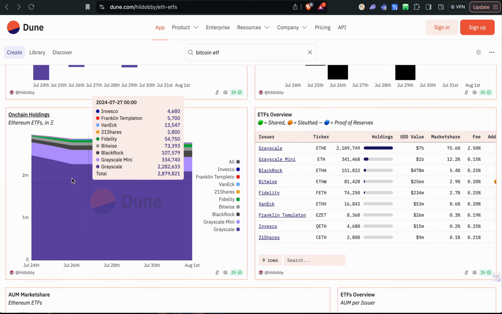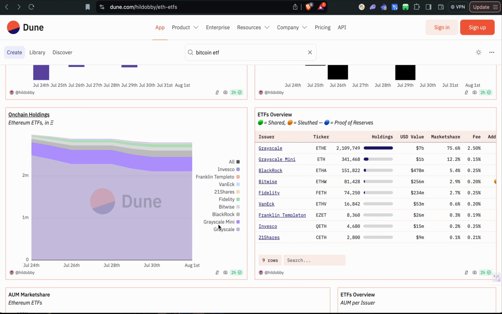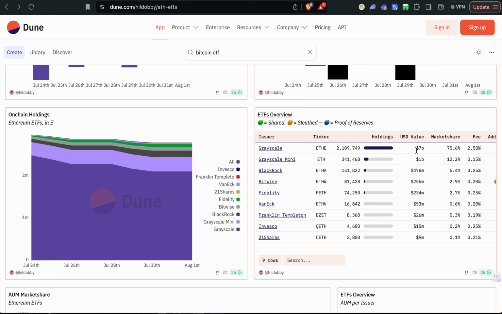The reason is that there's this large fund called Grayscale ETH fund, and they are holding $7 billion worth of Ethereum in this fund. And as you can see, 75% of all of the ETF Ethereum is held in this fund here. The problem is that the fee here is 2.5% annually.